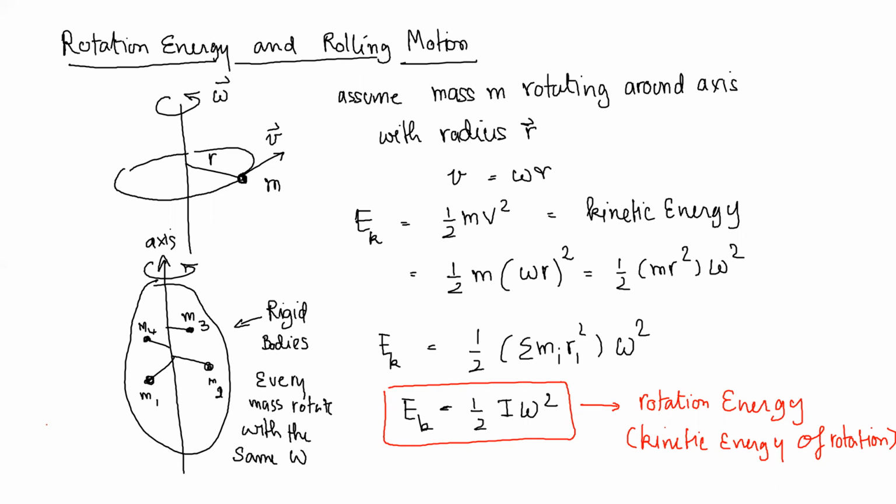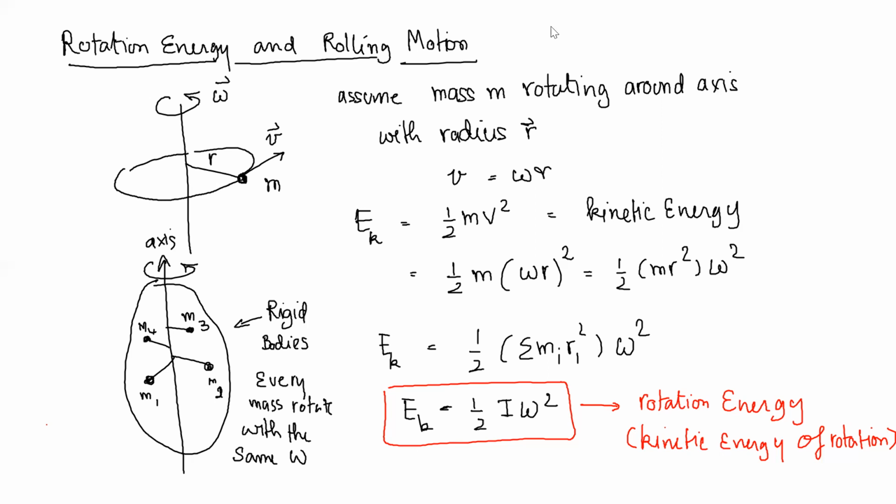And we have the speed of rotation v equal to omega times r. So we can think about the energy for one object, which is 1/2 mv squared, and plug in v equal to omega r. You will see that the kinetic energy of an object is 1/2 mr squared omega squared.